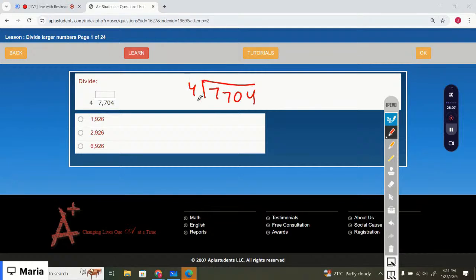7,704 divided by 4. So that is the divisor and that is the dividend. These terms are very important to learn. 4 times 7, you need to count the table of 4 until 7. So 4 times 1 is 4. You subtract: 7 take away 4 is 3. Now bring the next digit down to make the number greater than 4.